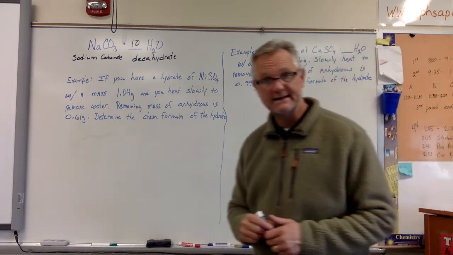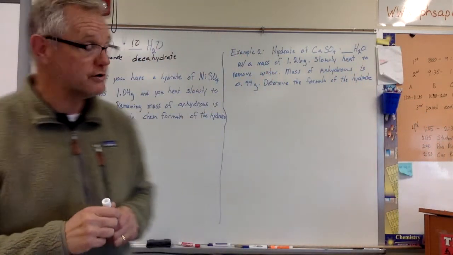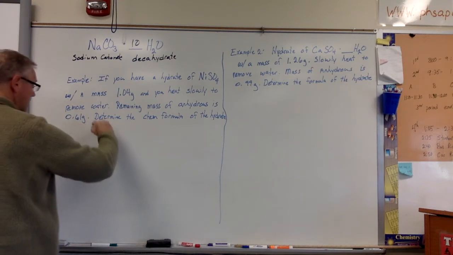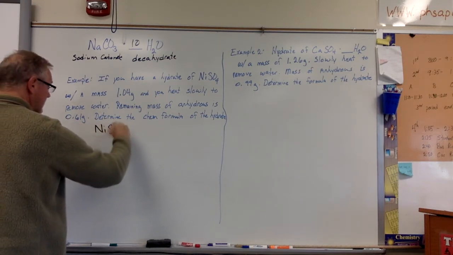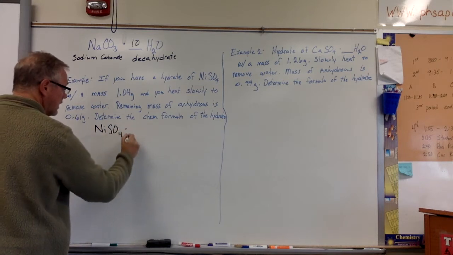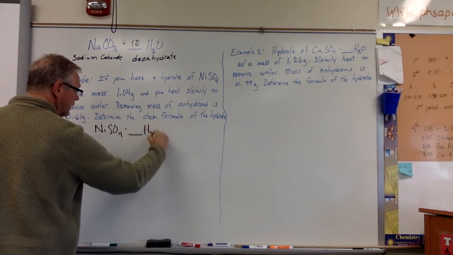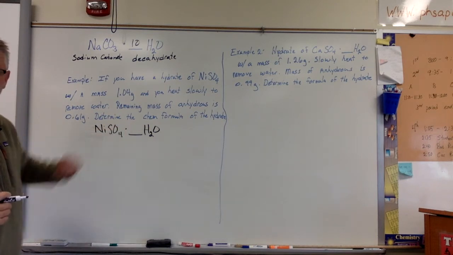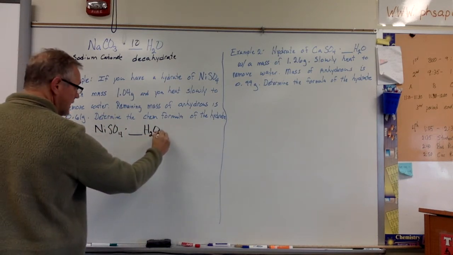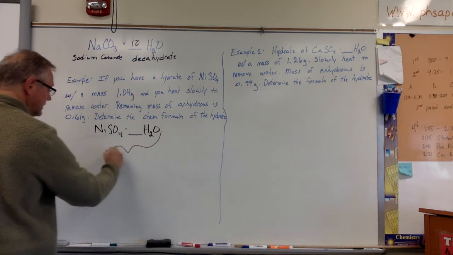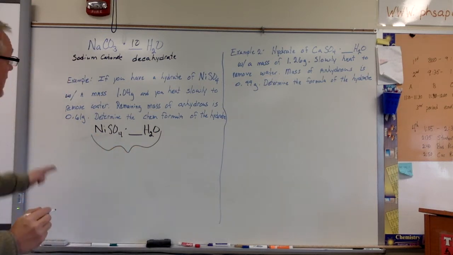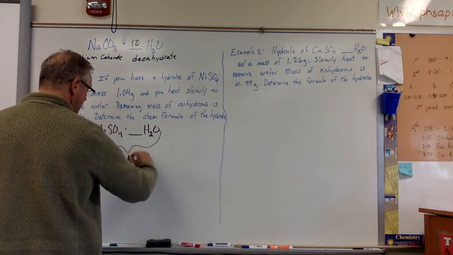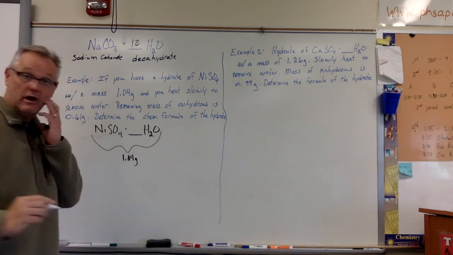So the way that I set this up is I'm a very visual person, so I like to write it all the way out. I'm going to start with NiSO4 · H2O. So I do not know that number right there, but I do know that this is the whole hydrate, and it tells me that I'm going to start with 1.04 grams of the whole hydrate.